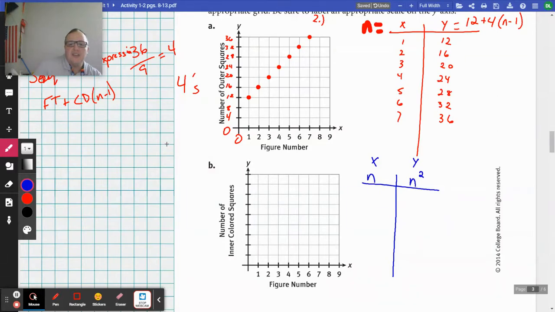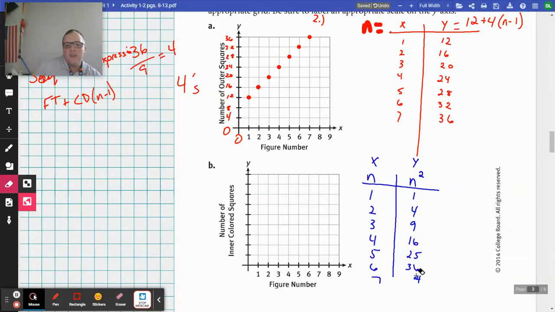So we said if the figure number was 1, 1 times 1 is 1. Figure number is 2. 2 times 2 is 4. 3. 3 times 3 is 9. 4, that's 16. 5, that's 25. 6, that's 36. 7, that is 49.